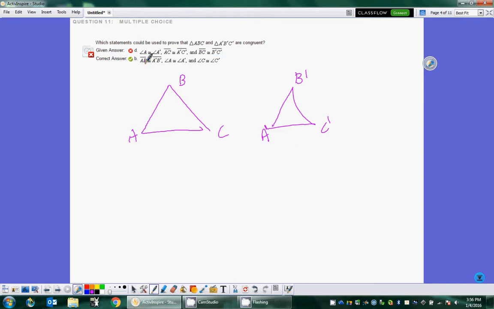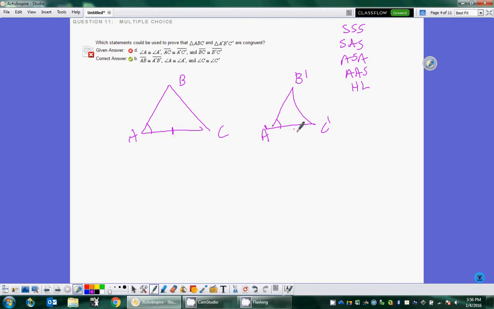And then we're going to try to prove that we have 3 pairs of things congruent. So either side, side, side; side, angle, side; angle, side, angle; or angle, angle, side. Okay? And even HL has a third thing, the 90-degree angle, the hypotenuse and the leg. So I'm looking for 3 things that are marked congruent.